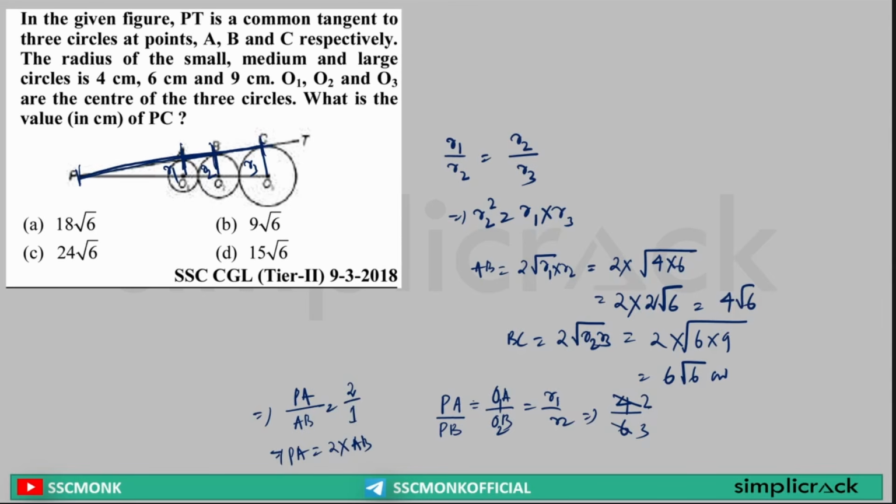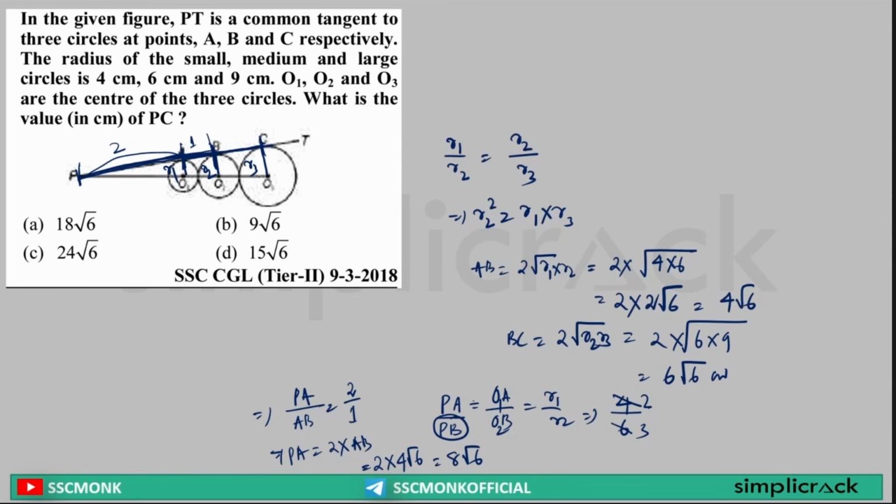And what is AB? 4 root 6. So this can be written as 2 into 4 root 6, that is equal to 8 root 6. AB came from what? Here. Because PB, this whole distance is 3, out of this whole distance 3, this is already given 2, so this one is 1. Clear? So this is how this sort of difficult level of questions are solved in SSC examinations.